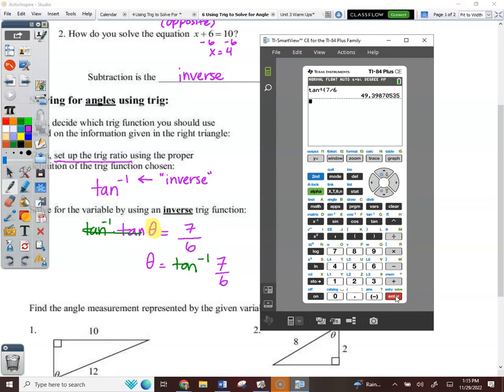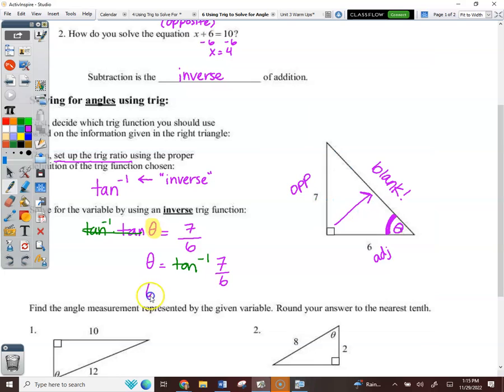I said it's a fancy X. So the degree is 49 point... let's go to the nearest tenth... 4. So theta is 49.4 degrees. Why did I put a degree symbol? Because it was an angle, not a side. Big difference, right? Huge.